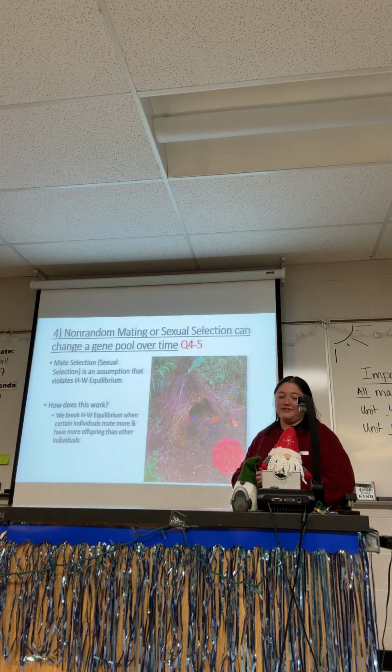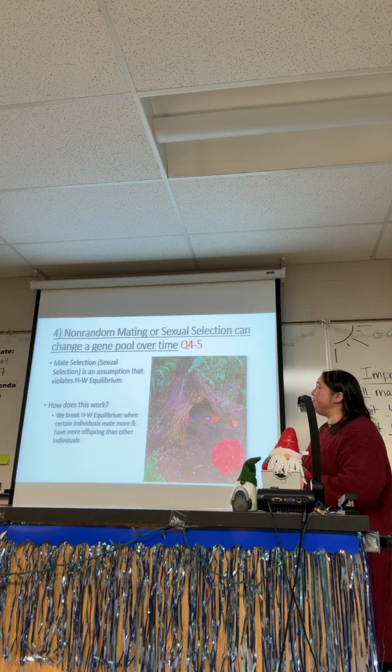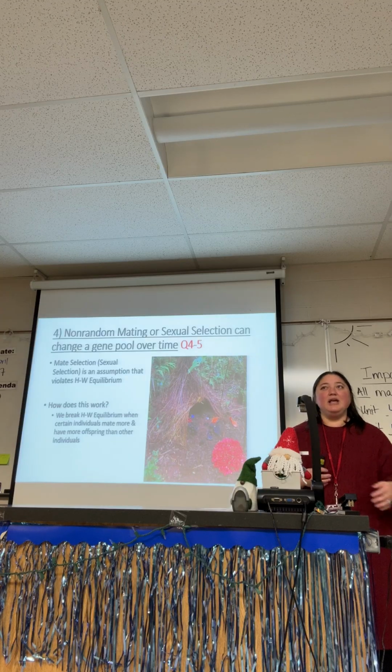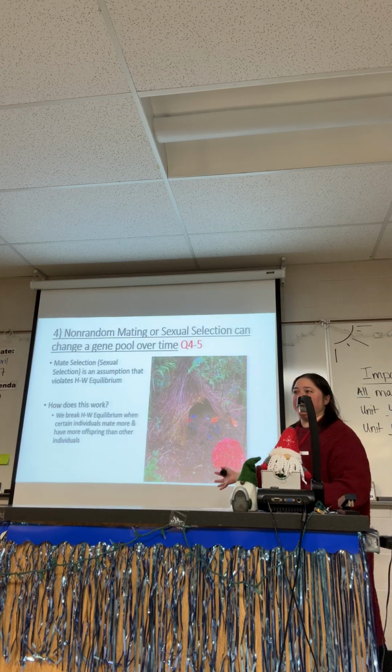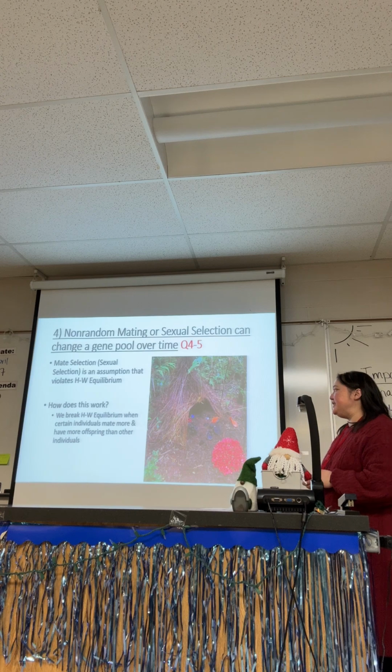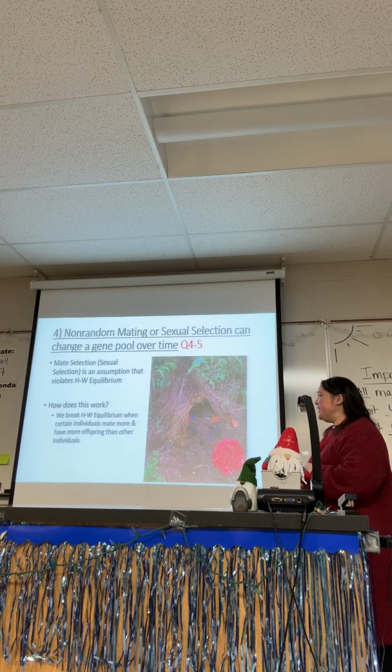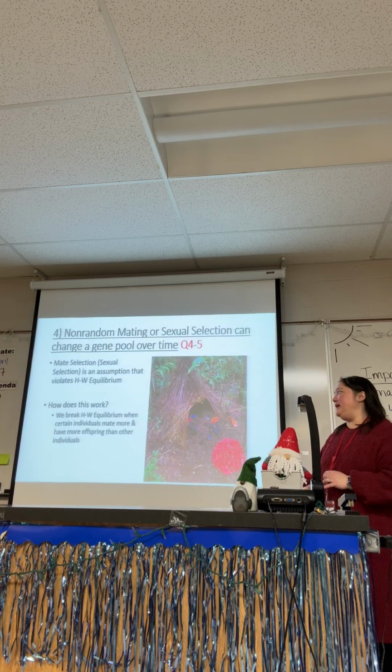And then the fourth one here can be due to what we call non-random mating or sexual selection. This one definitely violates Hardy-Weinberg, because Hardy-Weinberg says that there has to be random mating. This would be not random. This is where maybe one particular individual is chosen as a mate more than others, and that individual keeps having offspring.